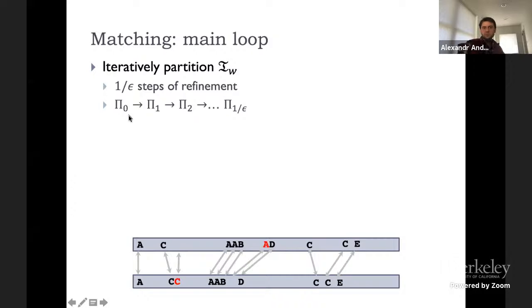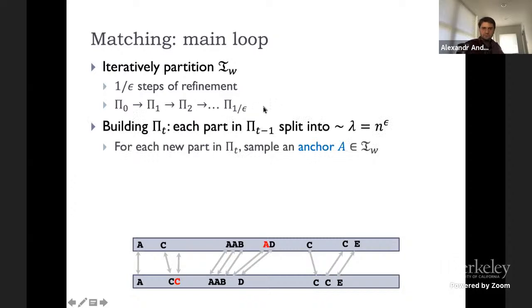So we start with a partition that has everything, and then the next partition will be some refinement of it, and so forth. When we build a partition pi t, it will basically correspond to taking partition pi t plus 1 and splitting each part of it into something like lambda parts, which is again something like n to the epsilon.